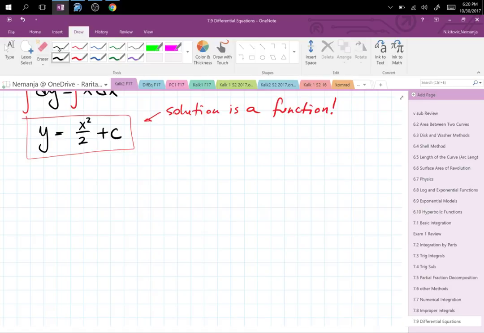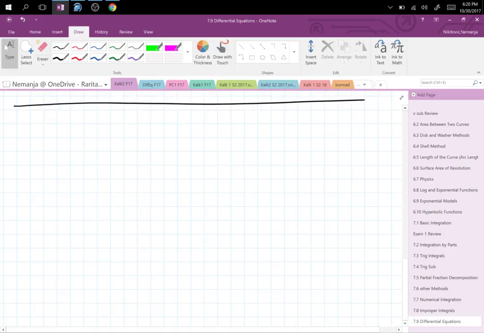Let me give you a quick example. So what I'm going to do is I'm going to write a sentence in English. Then we are going to translate that sentence to a math equation, which is the math language, math sentence. And then we're going to use this idea we used up there called separation of variables to solve the problem.